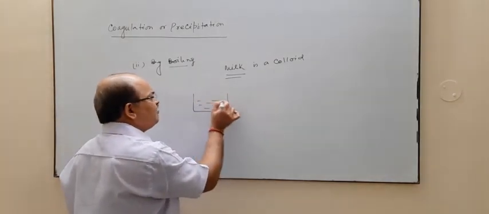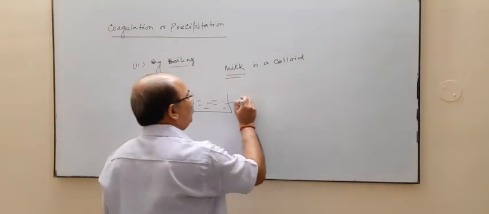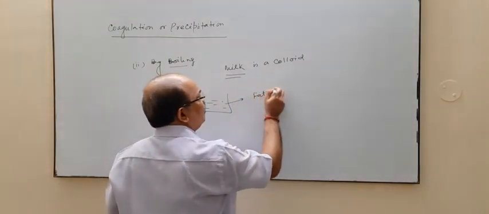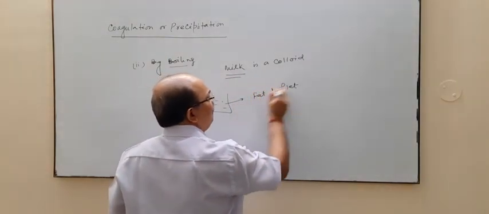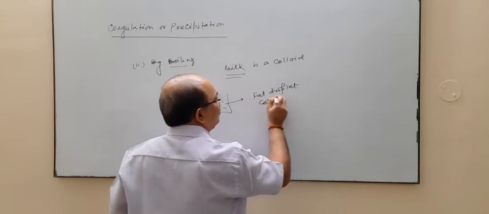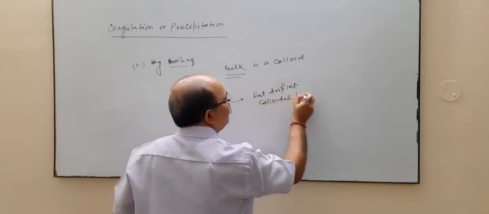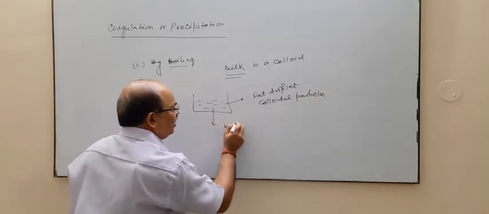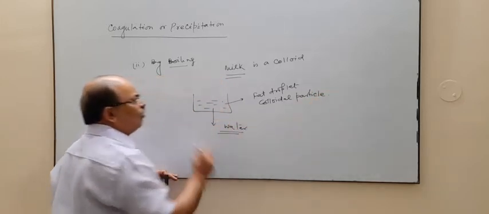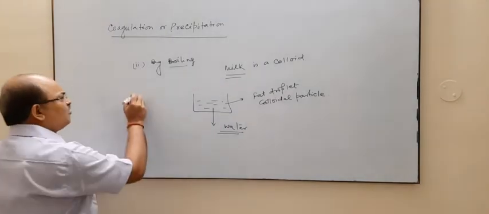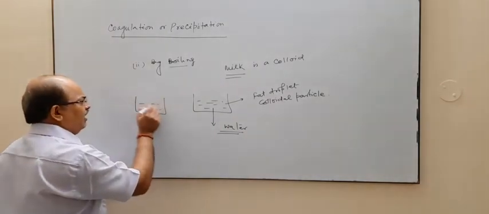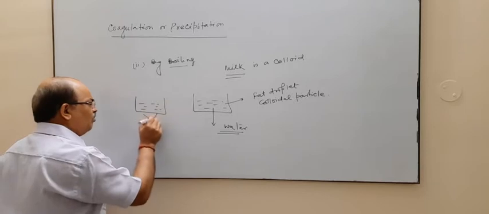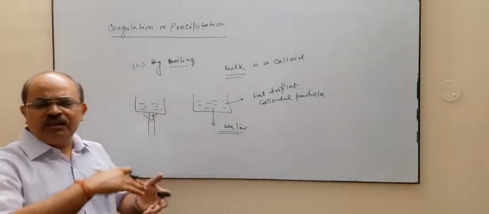So what happens in milk? We have fat droplets, that is the colloidal particle. Now what is the dispersion medium? Dispersion medium is water. तो जब आप इस मिल्क को बॉयल करोगे, then what will happen?